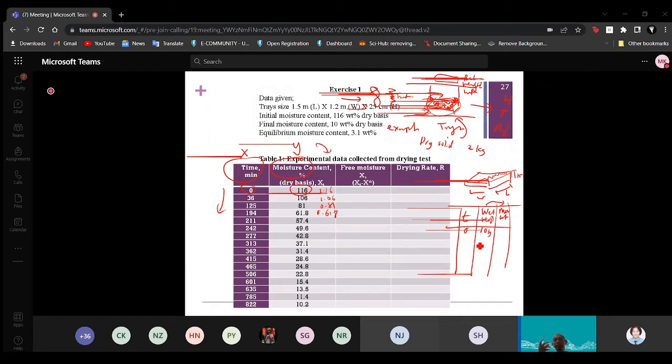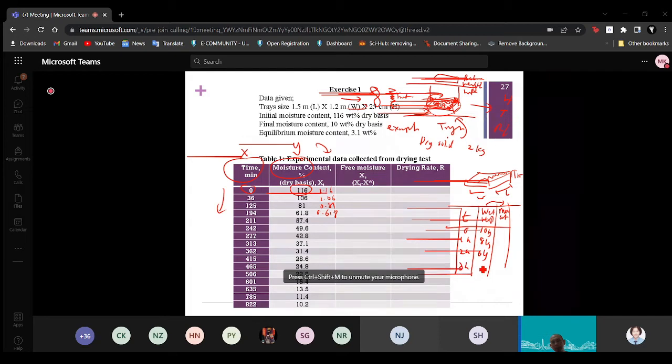Initially 10 kilo. When you run for 1 hour, for example, the wet weight reduces to 8 kilo. Then 2 hours, it goes to 6 kilo. 3 hours, 5 kilo. 4 hours, 4.5 kilo. 5 hours, 4 kilo.